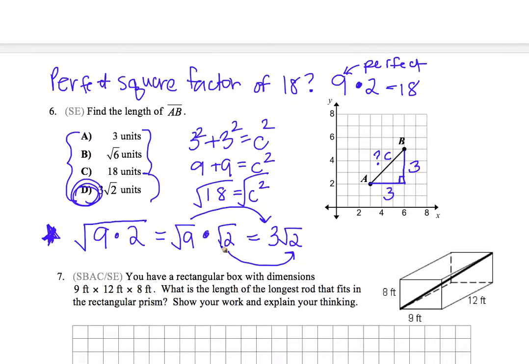If this makes complete sense to you, sweet, move on to number 7. If it does not, then click the button that you're going to see pop up in just a second, and it will open up another tab with a video that shows this. Your question number 6, more than likely you'll have to do this.